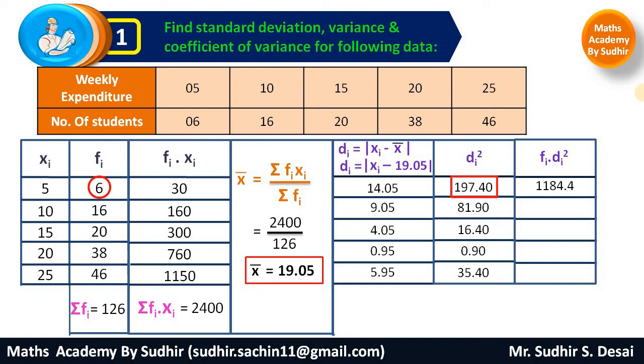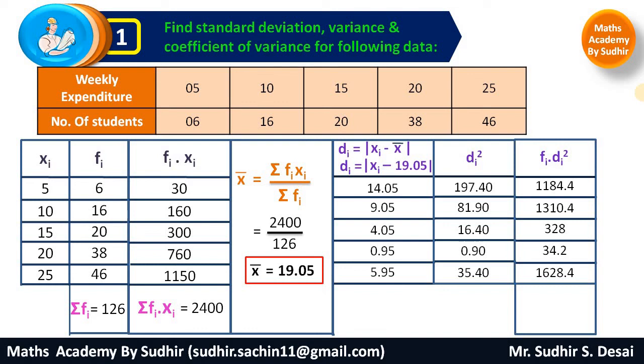And the answer is 1184.4. You have to use a calculator. Next fi is 16 into di square 81.90, which is 1310.4. 20 into its corresponding di square 16.40 is 328. 38 into 0.90 is 34.2. 46 into 35.40 is 1628.4. Now no more columns are possible.